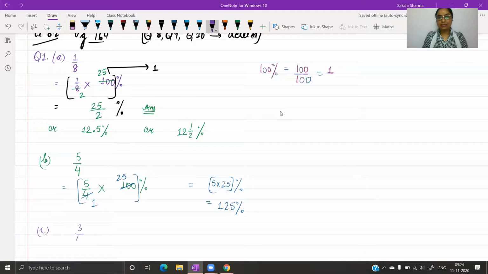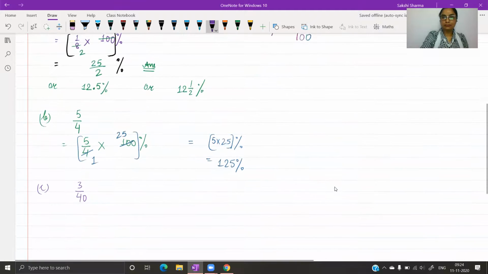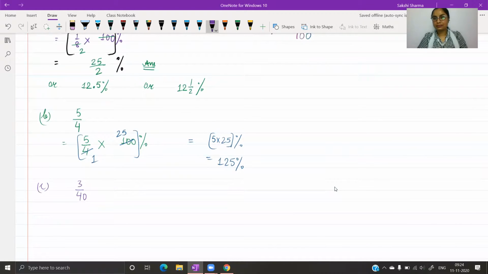C part, we have 3/40. Yes, Sahaj, that is also right. So work with your numbers again and obtain your answer.